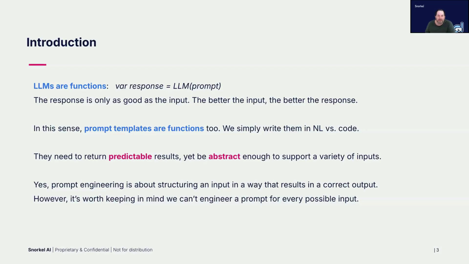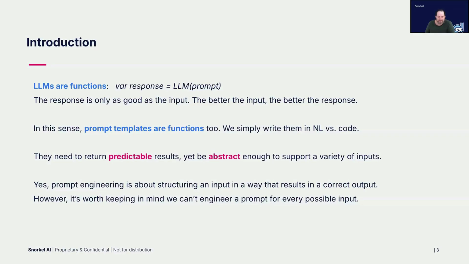But what I also wanted to tease out is that I think of prompts, or maybe more specifically prompt templates, as functions too. It's just that we're writing a function in natural language as opposed to code.